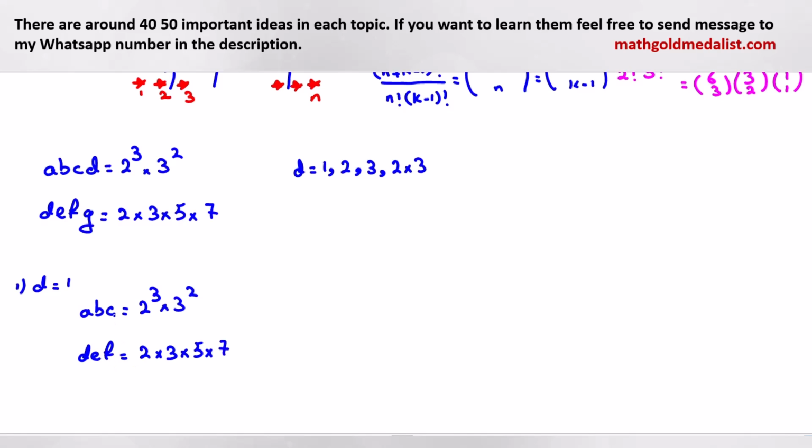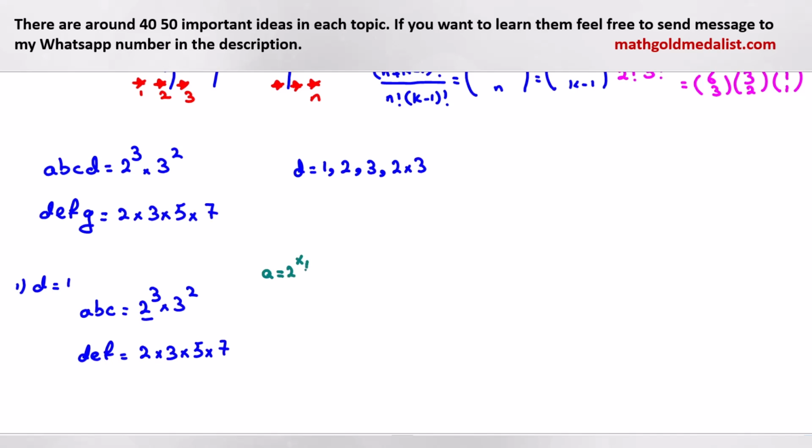Now for ABC, I will explain one of them, because 2 is not related to 3, not 5, not 7. So if I tell you in how many cases we can create 2 cubed, the rest will be similar, okay? So let's focus on only 2 cubed.